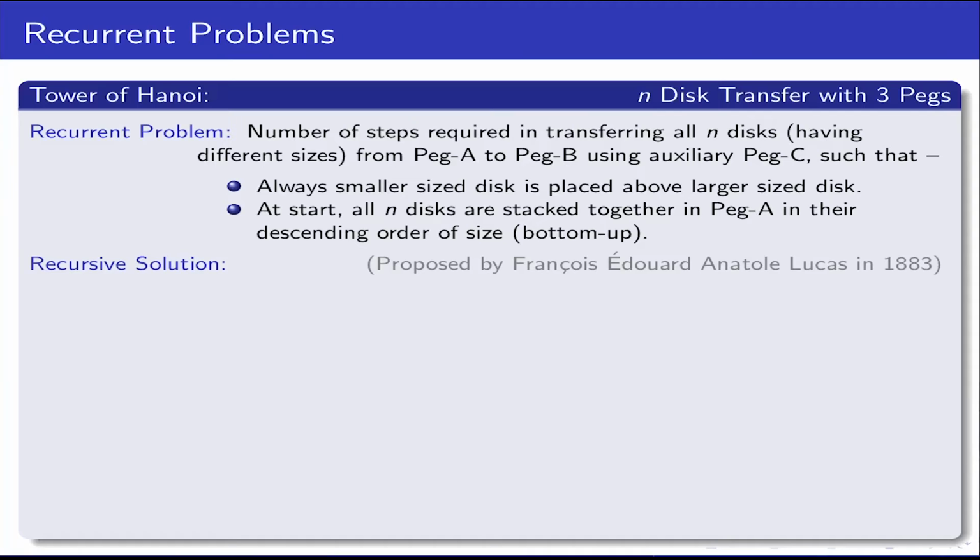So it says that if we have one disk, it's very easy because we just move from peg A to peg B, and this is the base of our recurrent thinking.